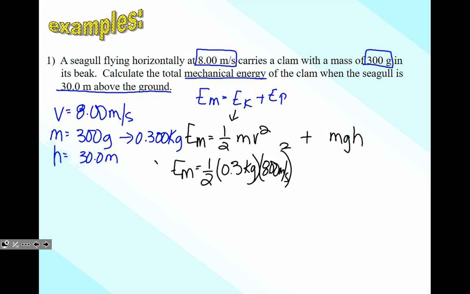So I'm just going to work on this half first, but you can definitely work on it linearly. So far, I get 9.6 joules. So I have to square the 8 meters per second, multiply that by 0.3, divide that by 2, and I get 9.6.